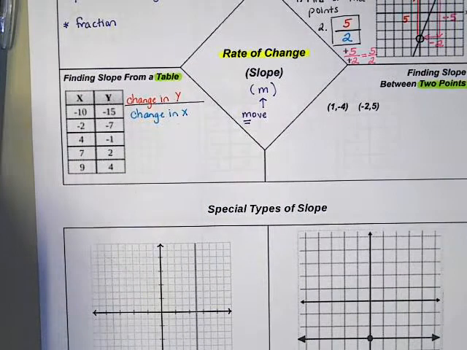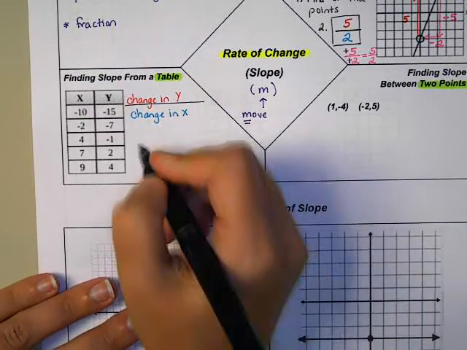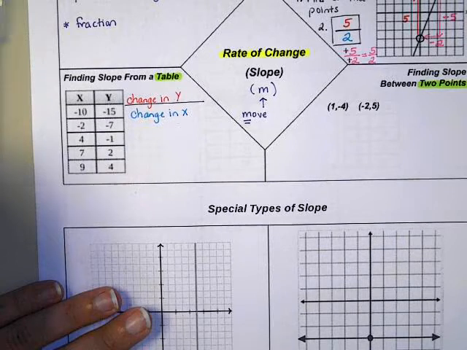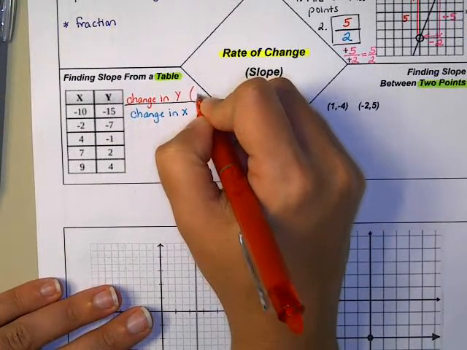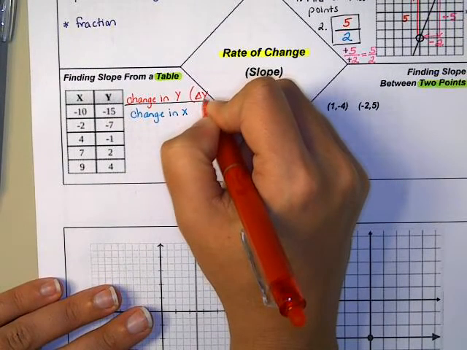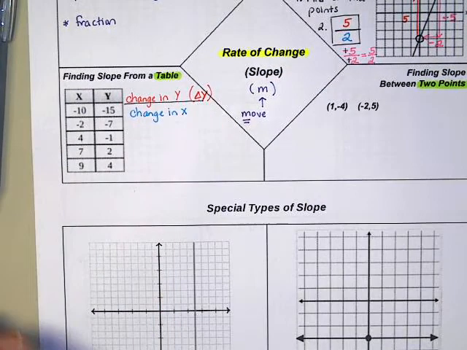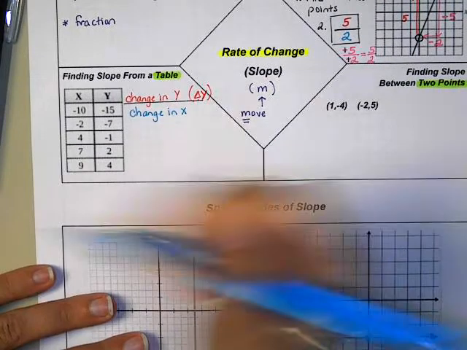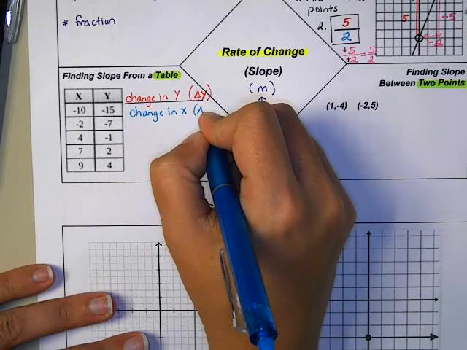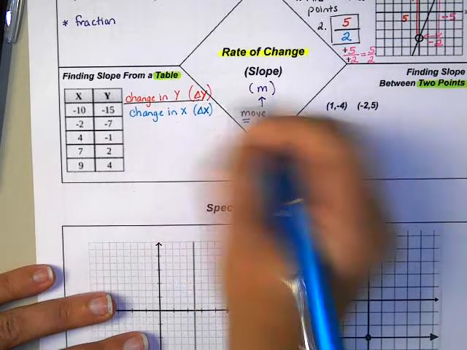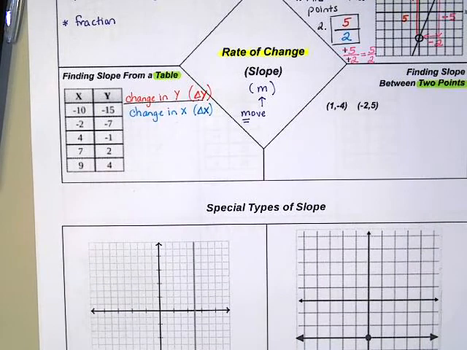In math, because sometimes we like to abbreviate, sometimes instead of writing change in y, we abbreviate that to delta y, because delta, this little triangle, means change. Divided by the change in x, sometimes we write delta x because that little triangle means the change in x.